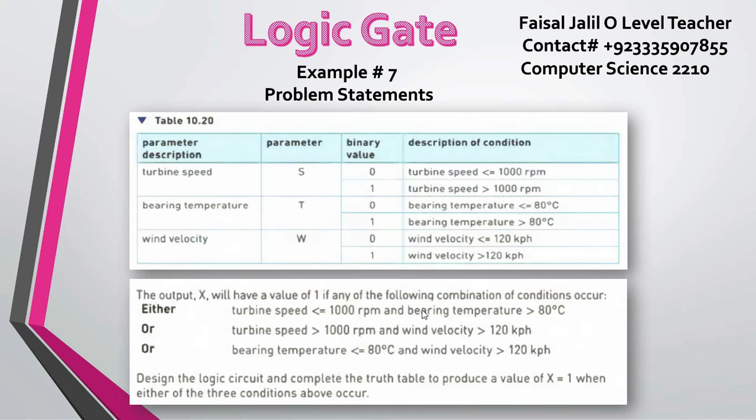So instead of writing bearing temperature greater than 80 degrees Celsius, we just put T is equal to 1, and here S is equal to 0 and T is equal to 1. So we will extract our statement from here like that. After this data we will move towards here. Are you able to see this?